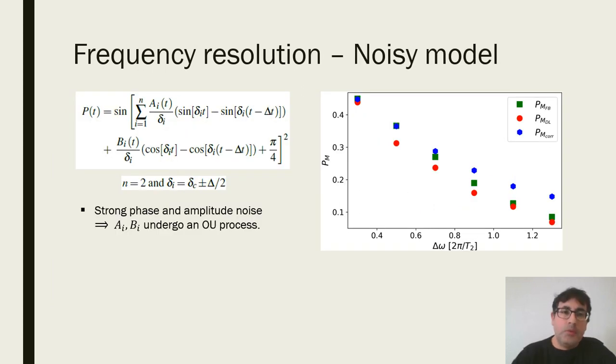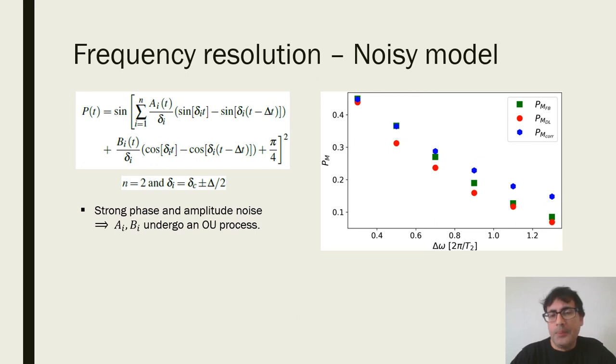We also considered the problem of frequency resolution, where we have a signal of one frequency or a signal of two frequencies. Here the frequencies are given by delta i. And we consider a case when there is a strong phase and amplitude noise, which we model by an Ornstein-Uhlenbeck process. In this case, the factors A i and B i undergo an Ornstein-Uhlenbeck process. And again, we compare the error probability of discriminating between the case of one frequency or two frequencies as a function of the difference between the central frequency and the two frequencies.